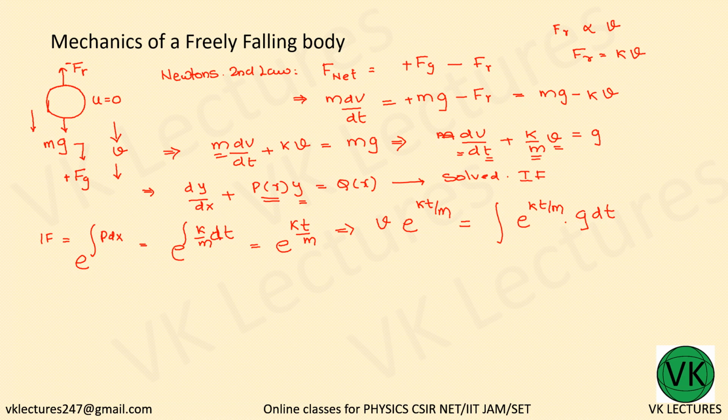So on integrating, v into e to the power kt by m equals g, which you can take out, into e to the power kt by m divided by the differentiation of kt by m, that is k by m.